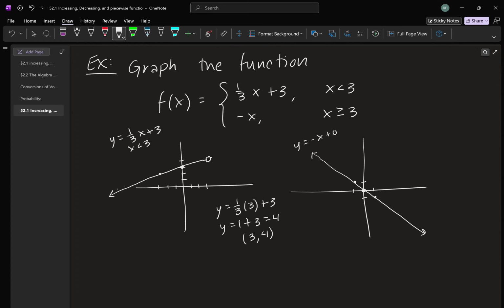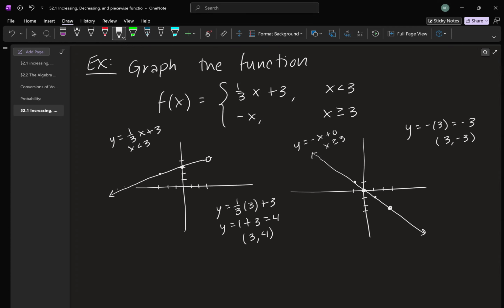And same thing on this one. This one's only for x greater than or equal to 3. So again, I need to find the special point. I'm going to plug in 3, and I get -3. So I have a point at 3, -3. I'm going to go ahead and graph that.